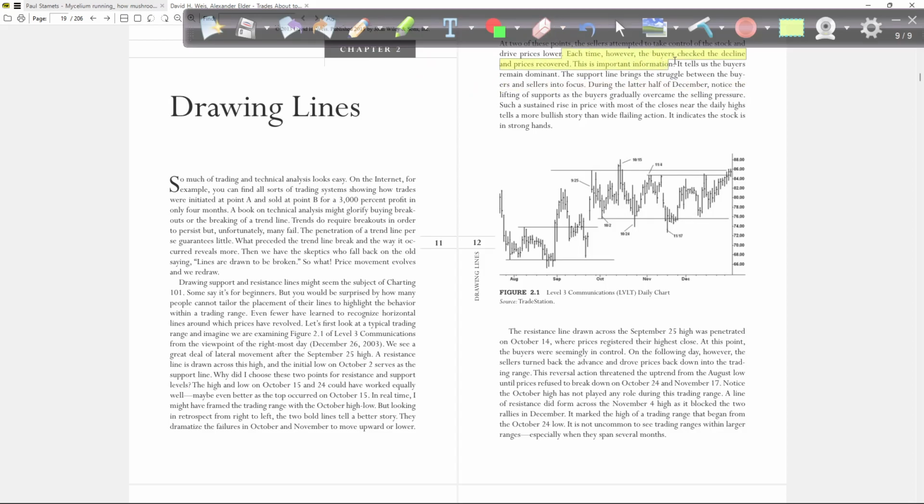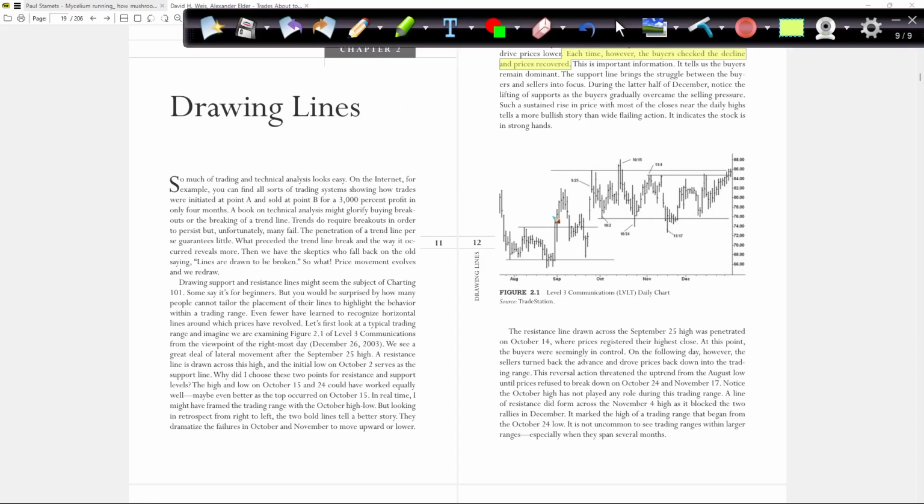Each time, however, the buyers checked the decline and prices recovered, right here, to a new high.